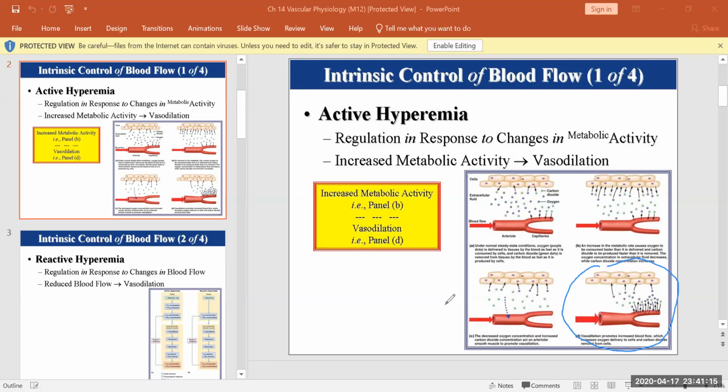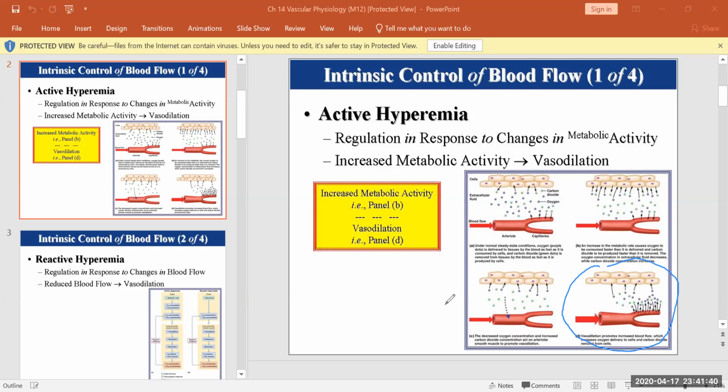So if you have an increased blood flow, over here, panel D, now more oxygen can be brought in, more nutrients can be brought in and delivered to needy body cells, and more carbon dioxide and more cellular waste can be picked up by the blood vessels, right? So bringing back homeostasis. So now again, the amount of oxygen consumption equals the amount of oxygen being delivered by the blood vessel.